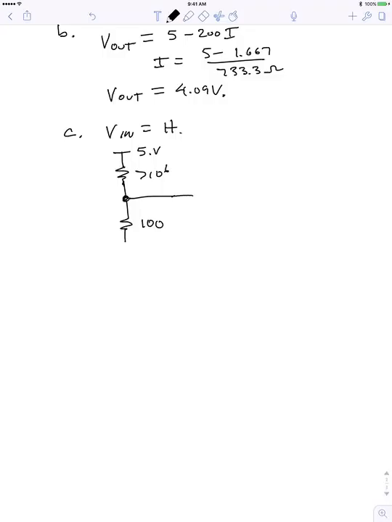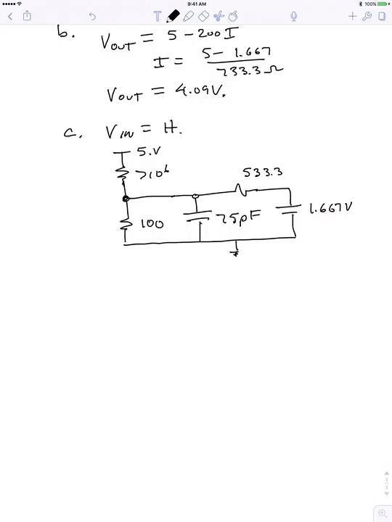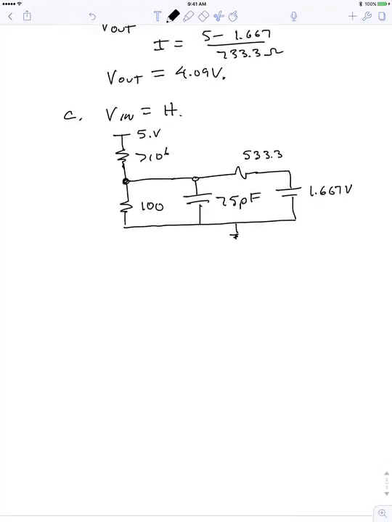Then we have our capacitor hooked up across the output. And then we have our Thevenin equivalent circuit. Okay, so there's that equivalent circuit.